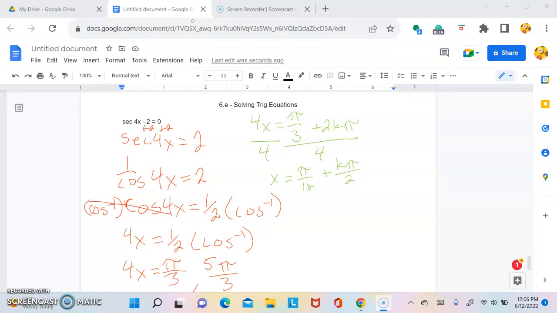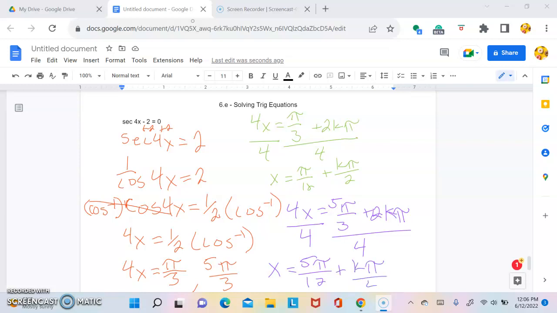And the second one is 4x equals 5 pi over 3 plus 2k pi, and we're going to divide by 4 again, and we're left with x equals 5 pi over 12 plus k pi over 2.